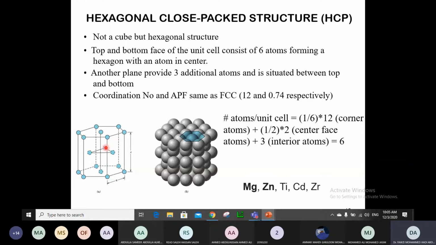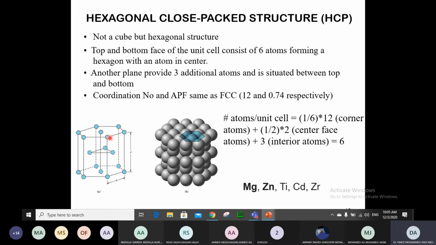The unit cell has 3 atoms here, and then a hexagon here, and then again 3 atoms here, and then a hexagon here. So imagine you have another hexagonal prism unit cell above. That face atom is shared between this unit cell and the unit cell above.